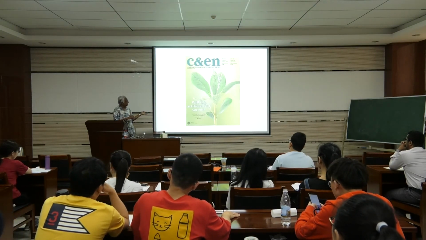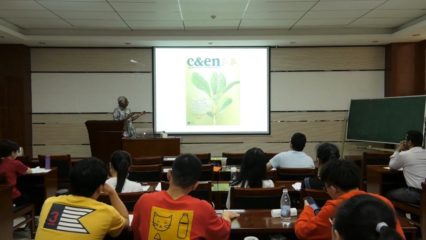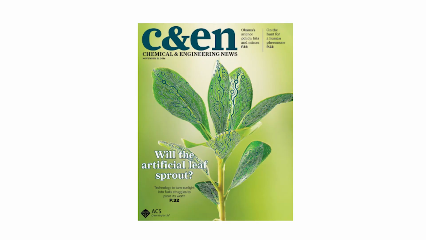So, for example, this is American Chemical Engineering News from 2016. They would like to have this because plants know the secret of how to convert sunlight into energy. If somehow you could talk to the plant and figure out how they are doing it, then you could probably copy it.